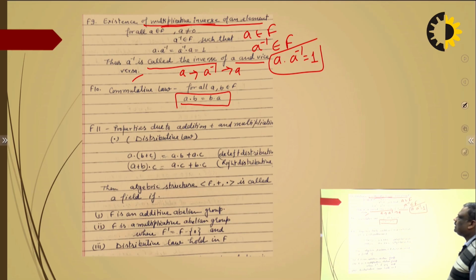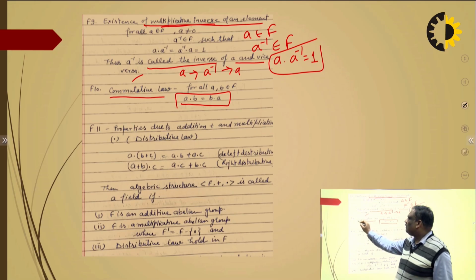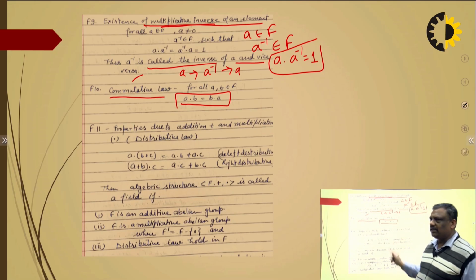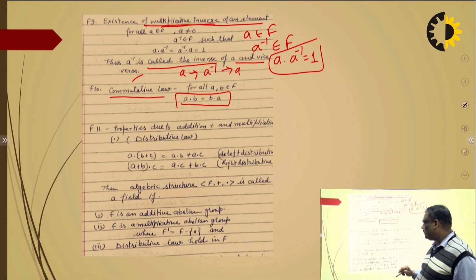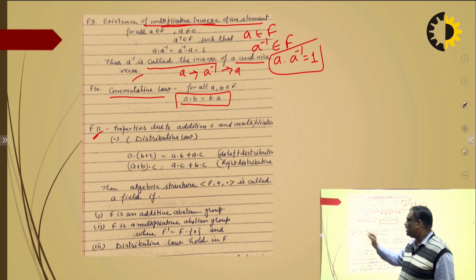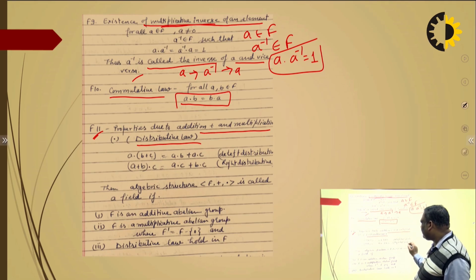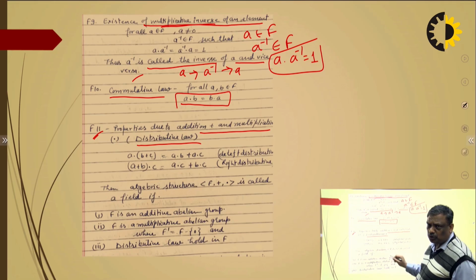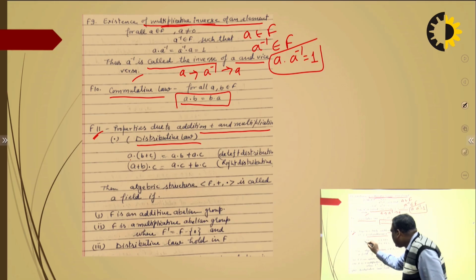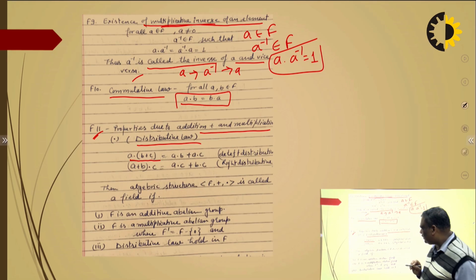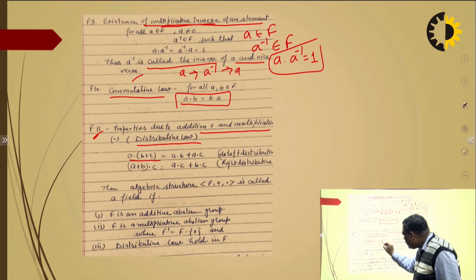So we can easily see the 5 properties with respect to addition, the 5 properties with respect to multiplication, and the last, 11th property is distributive, distributive over addition and multiplication. So left distributive and right distributive are equal. A dot (B plus C), we can see carefully, when we open this bracket, is A dot B plus A dot C. This one is known as left distributive.